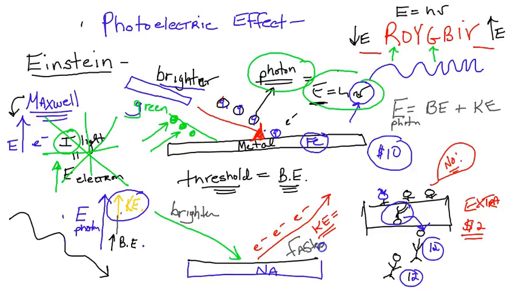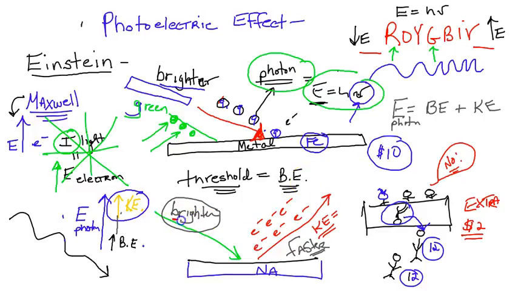And guess what, party people? That doesn't work. If we make this brighter, the electrons did not go faster. You know what they did? If you made it brighter, you just had, come on, say it. Yeah, good for you. More electrons being emitted at the same energy.